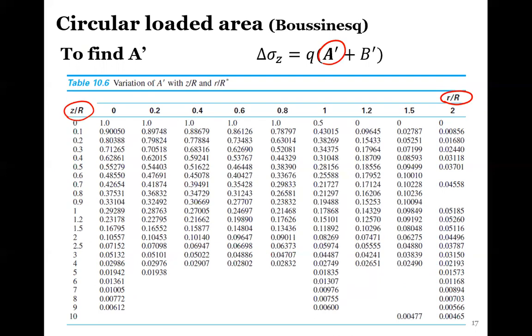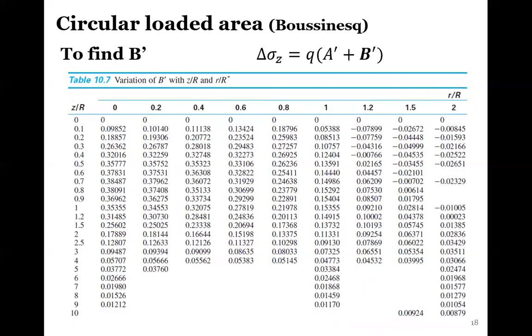For that, again, we would read the intersecting point. If we had something here and something here, we just read wherever they intersect. And then to find B prime, we would have the same thing. Make sure you're always reading the right charts here, B prime and A prime.